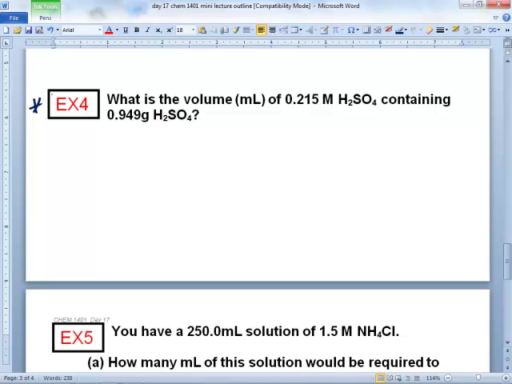They want to know milliliters, so that means you're going to have to solve for this one again. That means we have to know that one, and that one. That one's easy, the 0.215. But this one, you have to convert into moles. Then this goes up here. Yeah, that looks right. And then get him into milliliters.